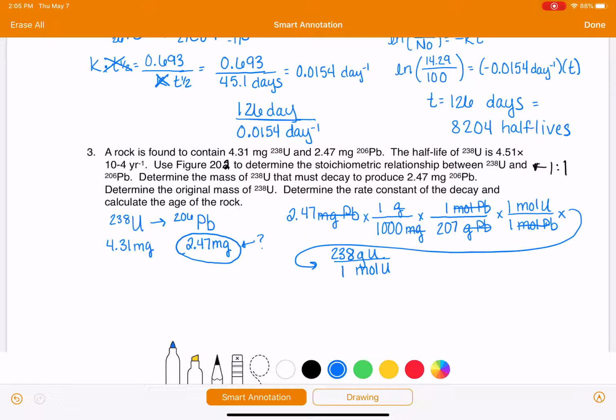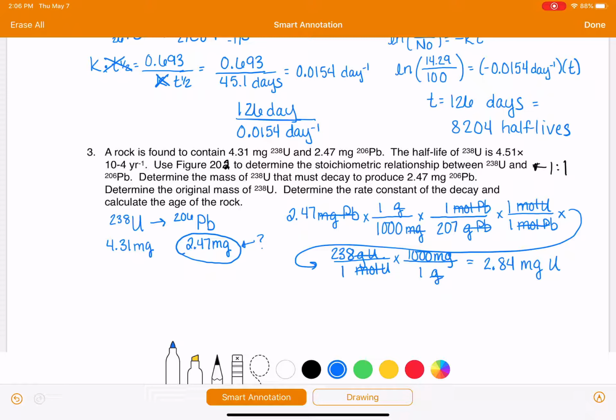And then we probably are going to want to convert this back into milligrams, so 1,000 milligrams per gram. Moles cancel. And so we're going to get 2.47 divided by 1,000 divided by 207 times 238. 2.84 milligrams of uranium. Now that is how much converted into the lead.